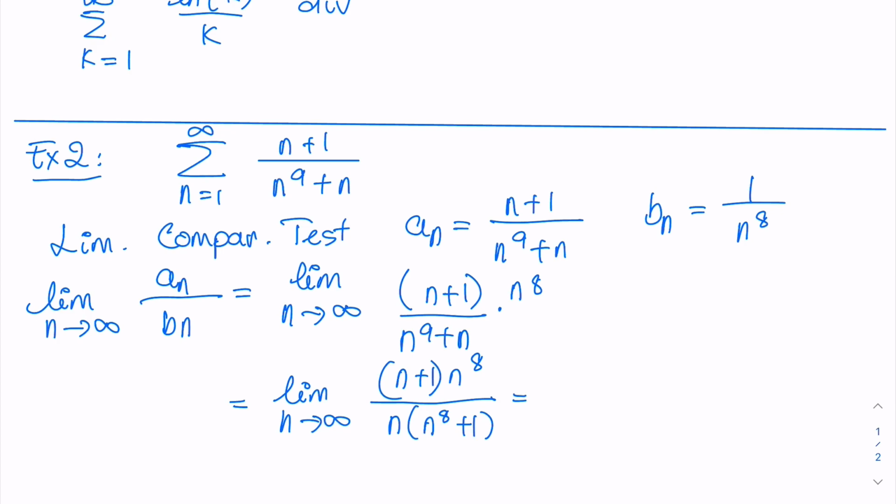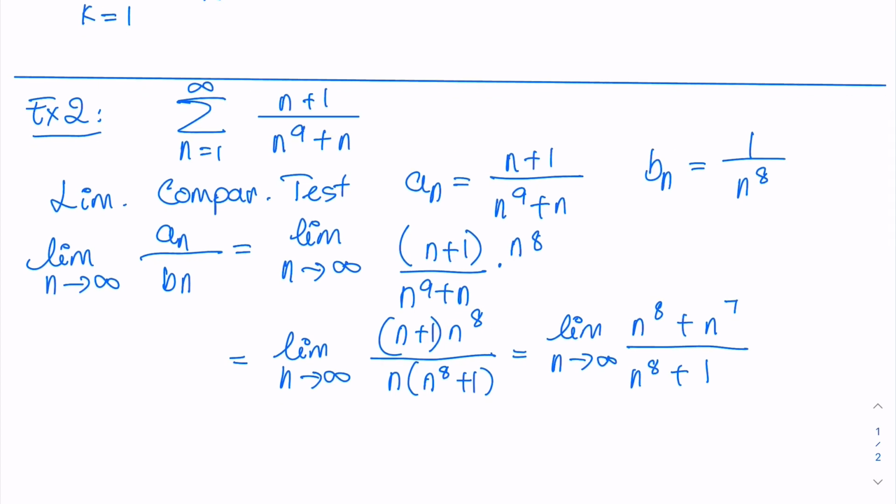I can simplify it. So we ended up with n to the 8th power plus n to the 7th power on top. On the bottom, we have n to the 8th power plus 1, because I cancel this n right here with the n to the 8th.